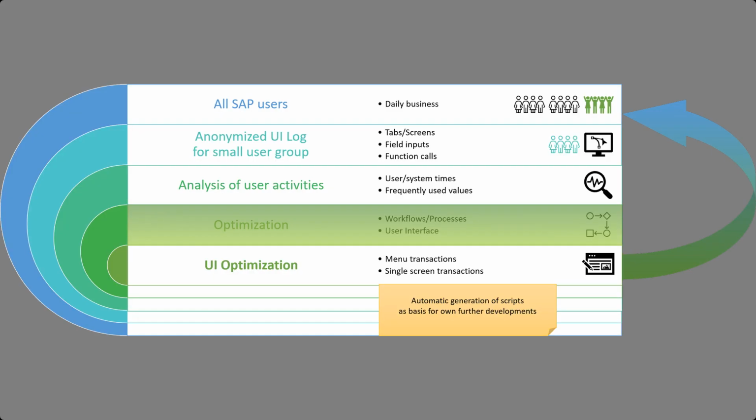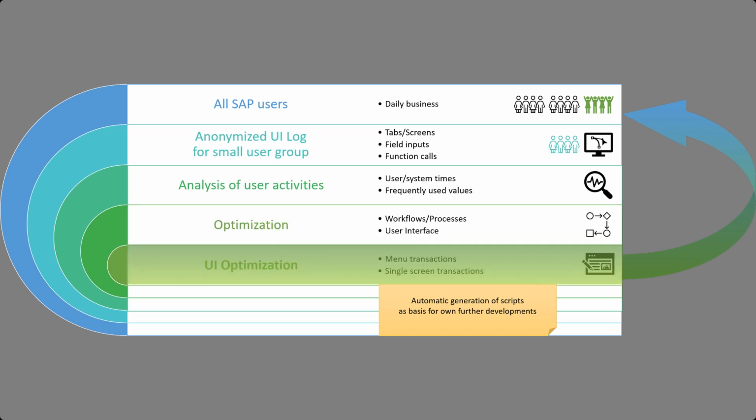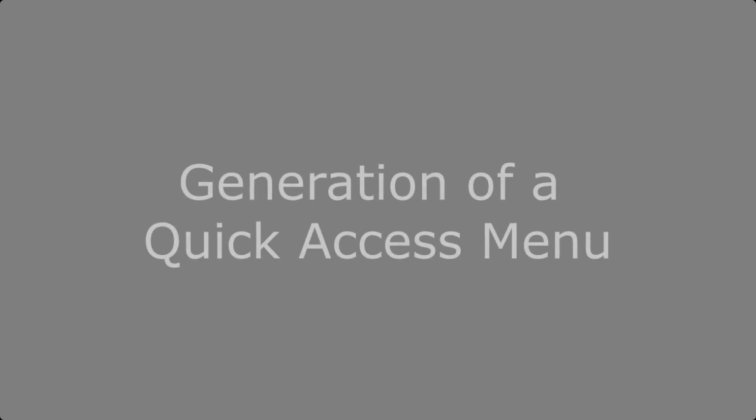Our tool can be used not only to optimize workflows and processes, but also to improve the user interface. UI log generates menus and single-screen transactions, which assist in further UI development. For example, through the generation of a quick access menu.